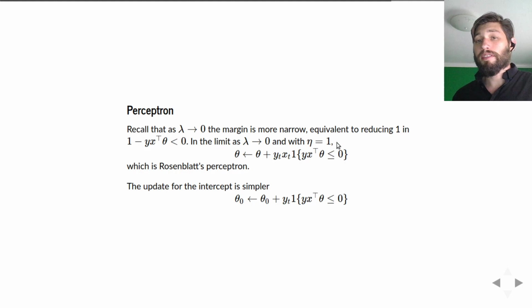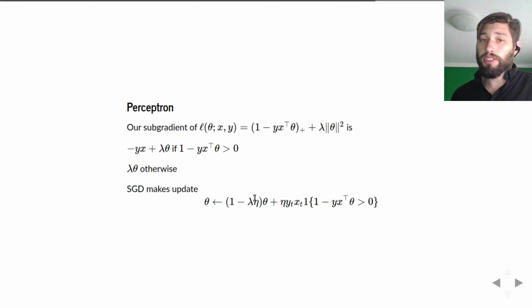In this limit, if we set eta equal to 1, the learning rate equal to 1, then this update becomes the following thing. This indicator is when y times x transpose theta is less than or equal to 1, and now that 1 goes to 0. Lambda is going to 0, so this is going to drop out. Eta is 1 here.